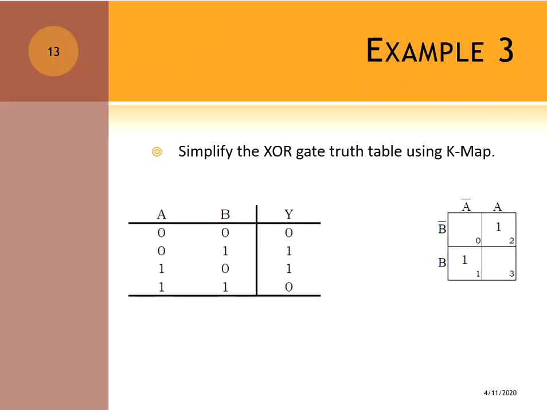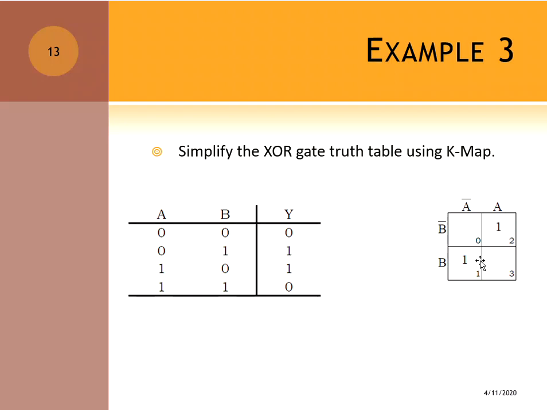Okay, let's try to see example 3. Simplify the XOR gate truth table using K-map. So we plot A bar dot B, 1, and A dot B bar, 1.